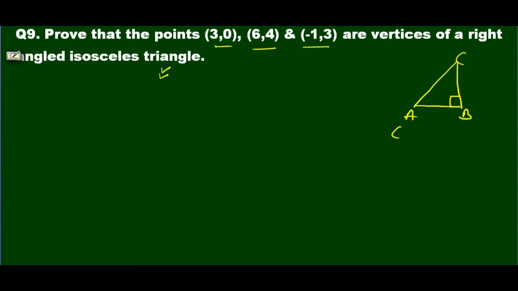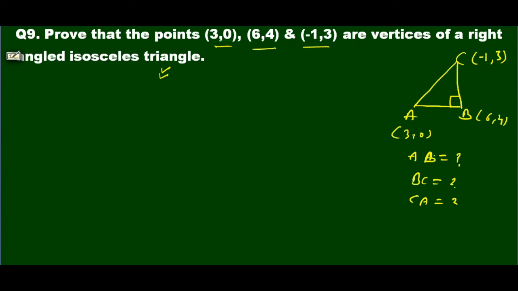Coordinates of A are 3, 0, B are 6, 4, and C are -1, 3. Right? First of all, find all the sides, means AB, BC, and CA.